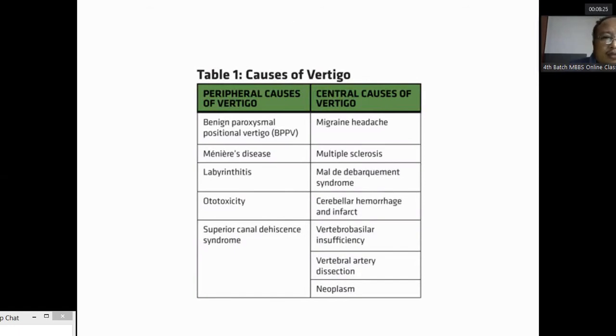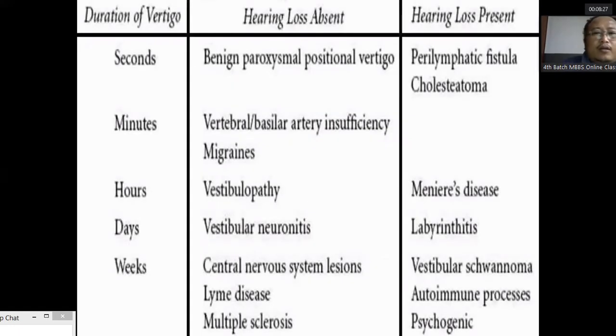And this is also a simple table where we are differentiating between the peripheral and different types of vertigo on the basis of the presence of hearing loss or the hearing being intact.